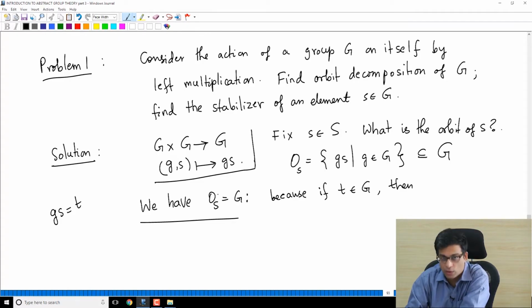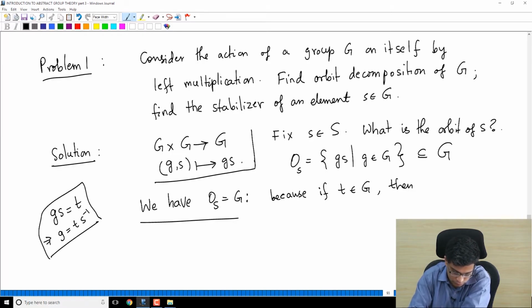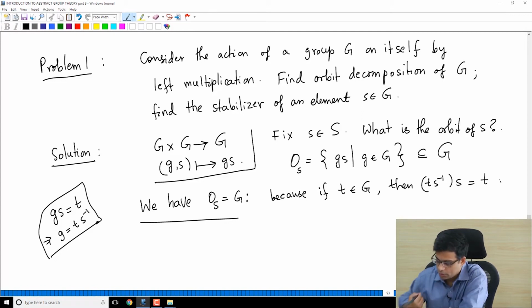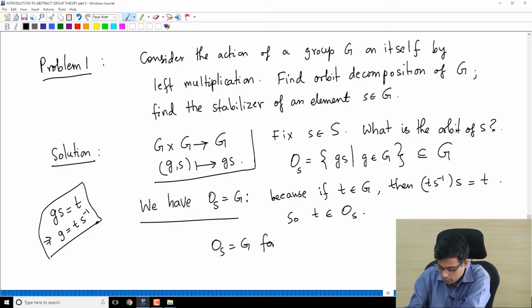I want to show that t is in O_s, but O_s consists of gs, so gs must be equal to t for some g. So I want to solve for g. So g would be t s inverse. Then t s inverse times s is t. So that means t is in O_s. So the orbit is G, and this is for all s in G.